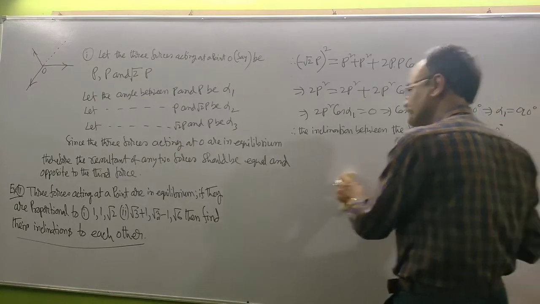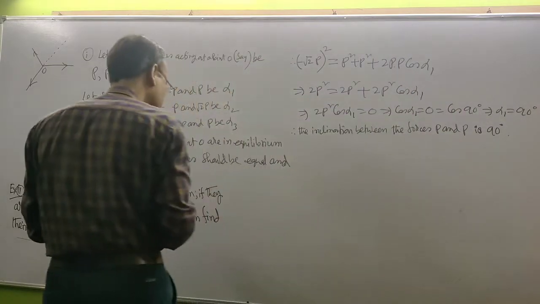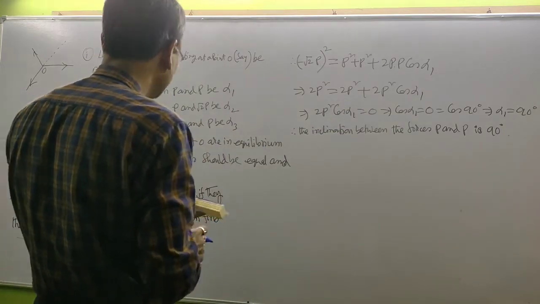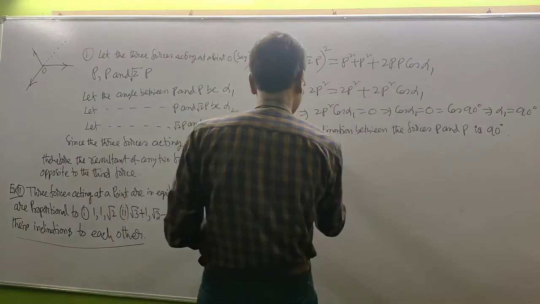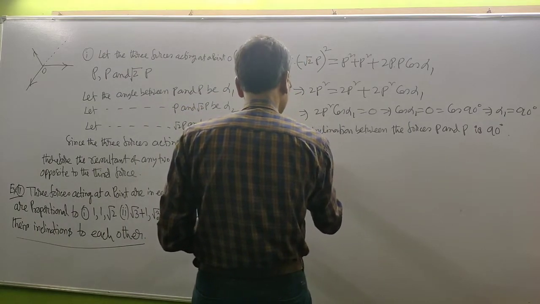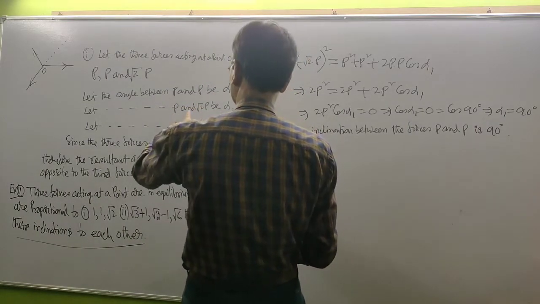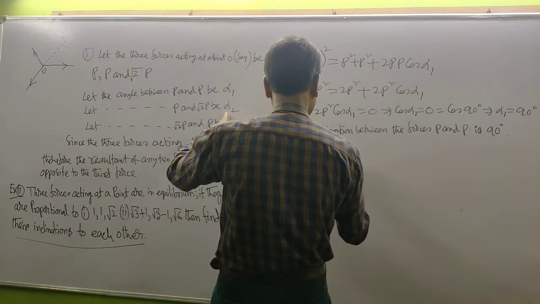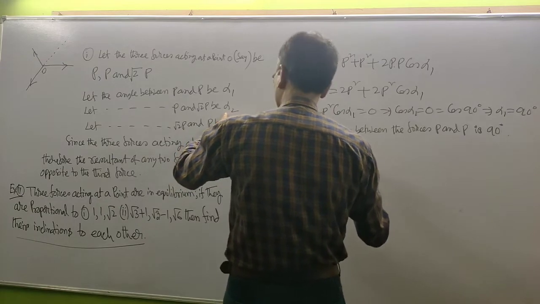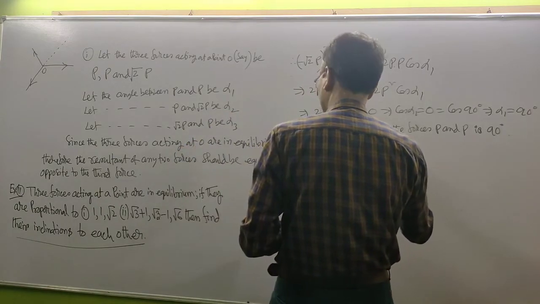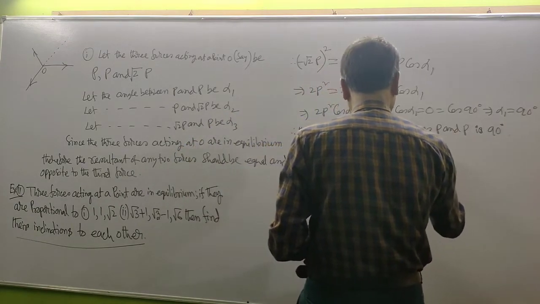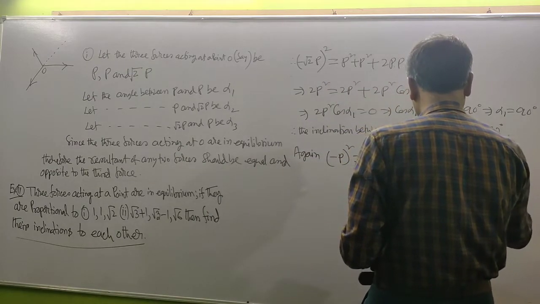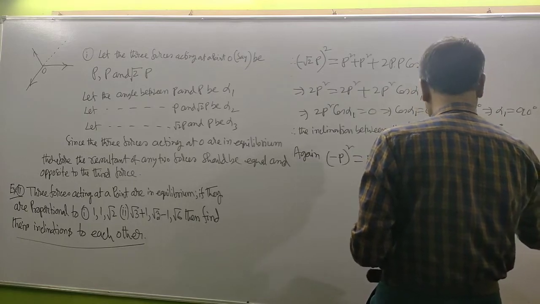Again, the angle between P and root 2P is alpha 2. Their resultant will be equal to minus P, whole square equal to P square plus root 2P whole square plus 2 times P into root 2P cos alpha 2.